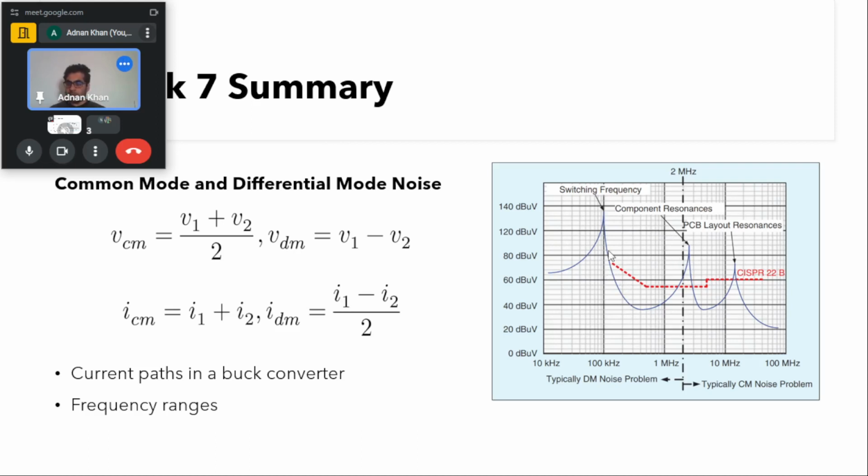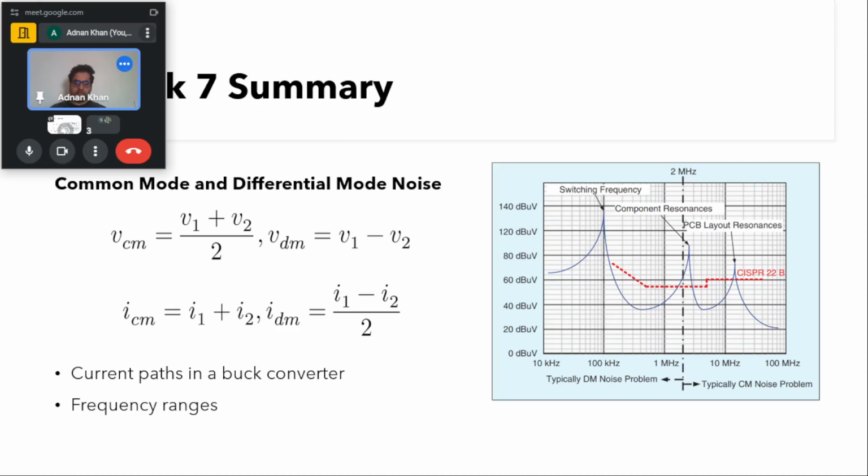Like I told you, there are some parasitic inductance and capacitance which may resonate among themselves, and usually these are around the megahertz level, because the values of these parasitics are very small. This resonant frequency is given by omega resonant equal to 1 by root LC, so the smaller the value of these components, the higher the resonating frequency.